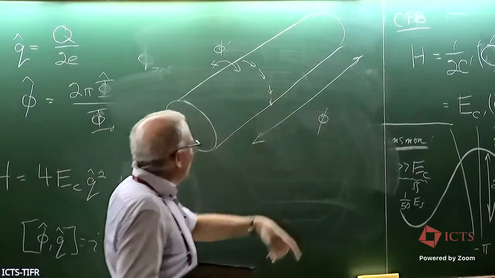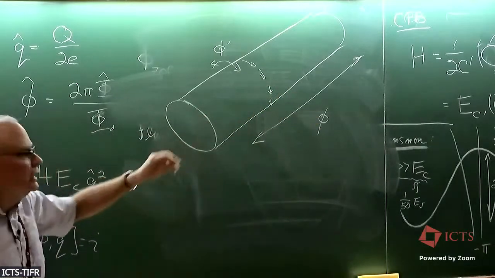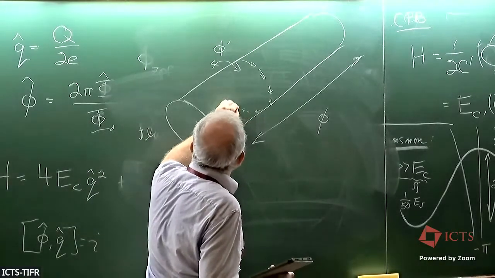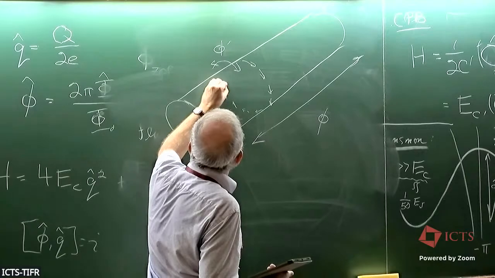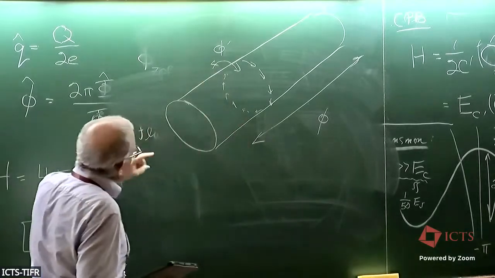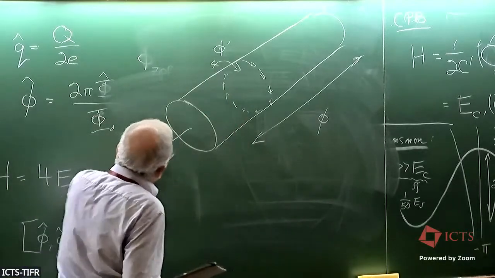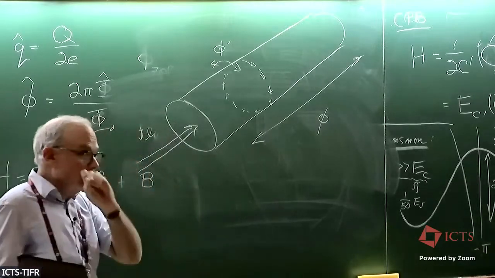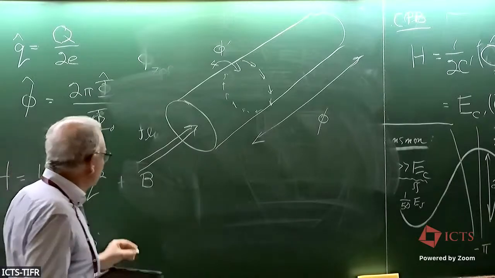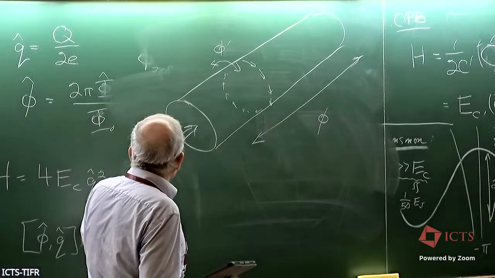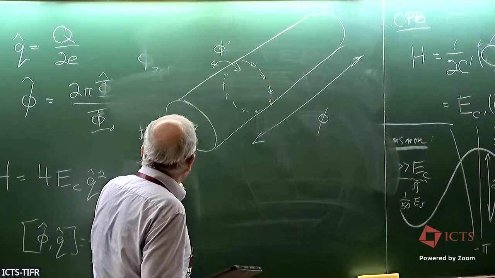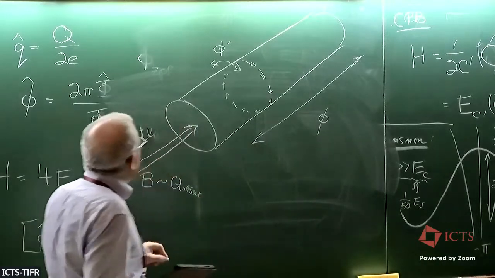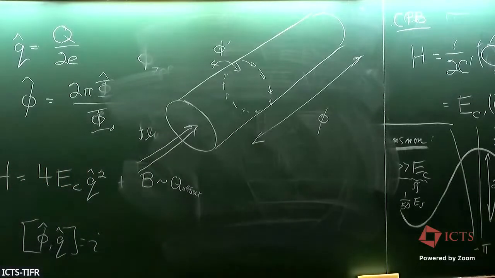But it's wrapped all the way around the cylinder, and that should maybe look familiar to those of you who know about, for example, the Aharonov-Bohm effect. So in this setting, it's equivalent to an actual magnetic field. I don't want to say flux, because then it gets too confusing, but I have a magnetic field which is proportional to this Q offset. And it has all the phenomenology of an Aharonov-Bohm effect.